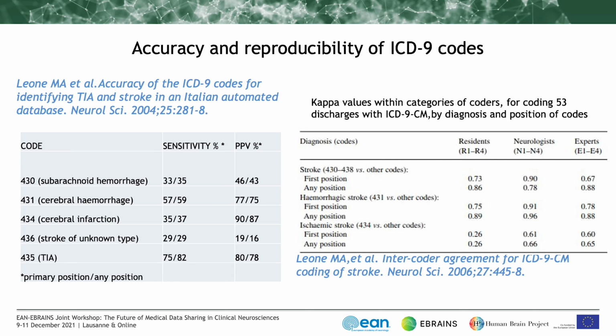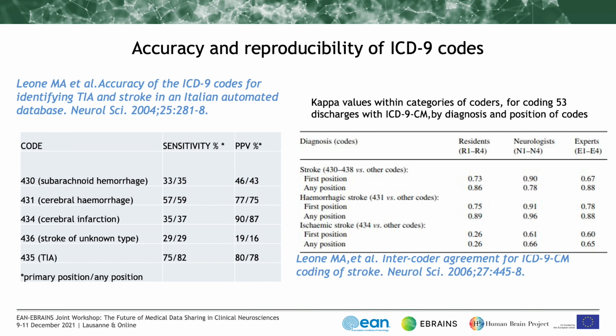The first, here on the left, is an analysis of sensitivity and positive predictive value of different ICD codes for stroke. And it is interesting to see that the positive predictive value is much higher than the sensitivity, which means that ICD codes do not intercept all strokes. TIA, there is a high percentage of false negatives.